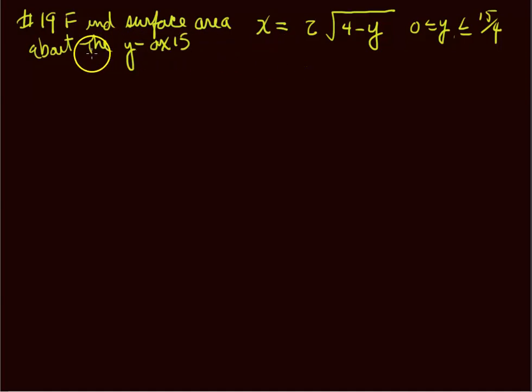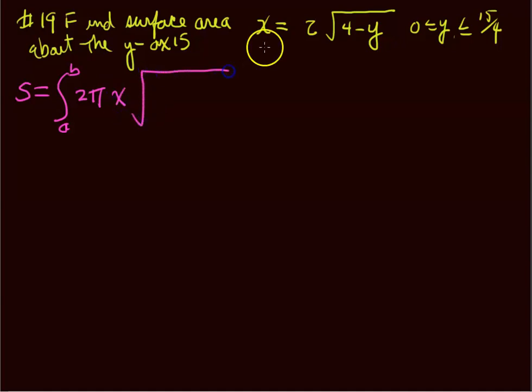So if something is about the y-axis and you're given a function x in terms of y, then we should use the form S equals the integral from a to b of 2 pi, about the y-axis we use x, square root, and since we've got this function in terms of x, we want the 1 plus dx dy, quantity squared, dy.